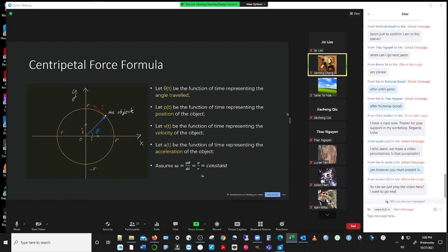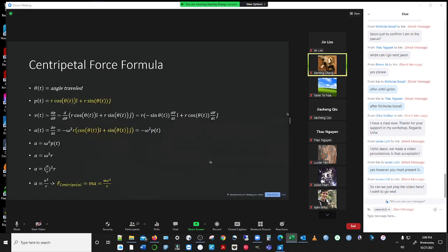which represents the acceleration. We can write down the position function p by simply applying cosine and sine to the radius r and the angle theta. By differentiating the position function, we can get the velocity function, and if we differentiate the velocity function again, we can get the acceleration function.